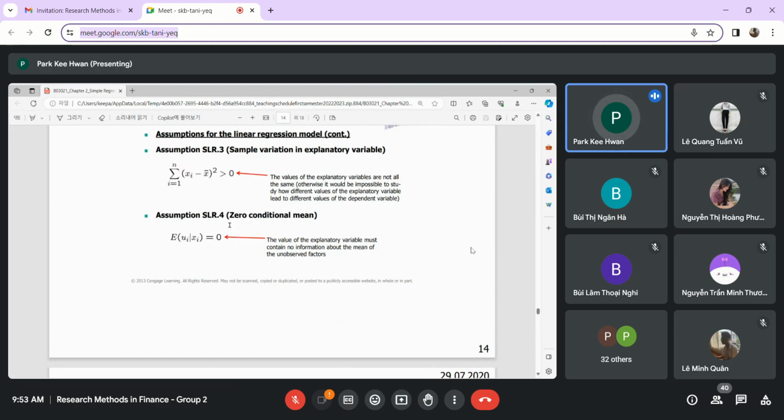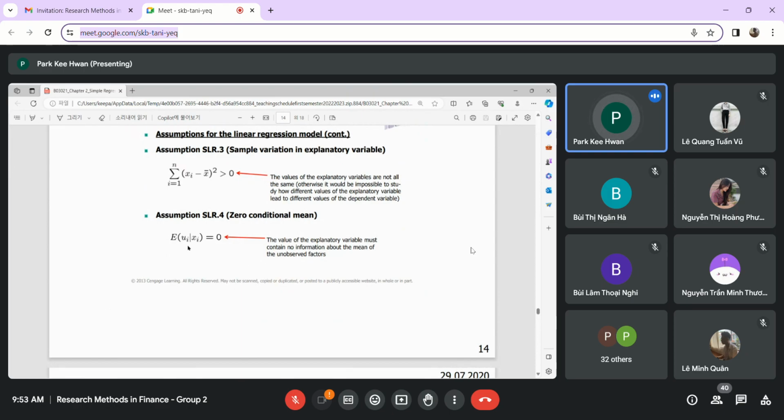And assumption 4, and this is a very important assumption and the key assumption. What it says is the value of the explanatory variable must contain no information about the mean of the unobserved factor.